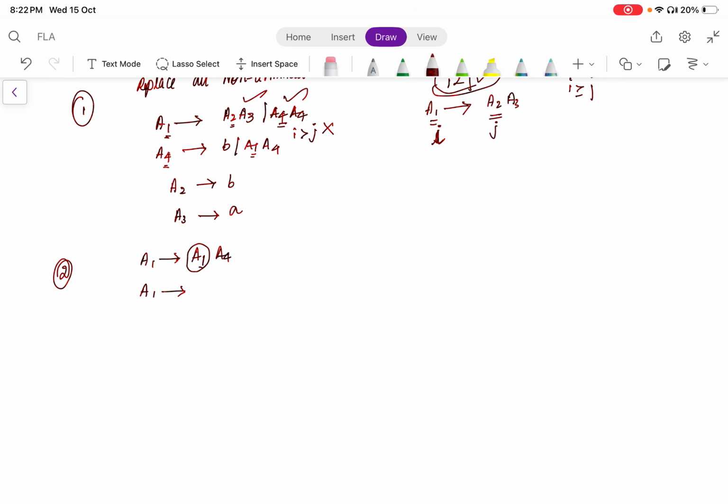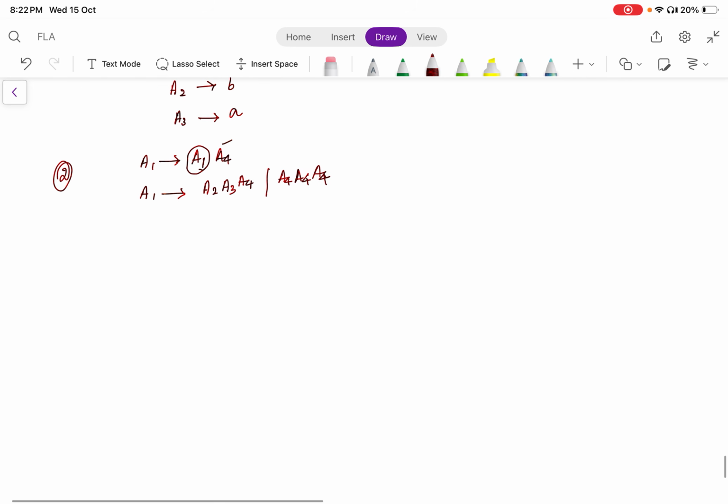First, substitute one production. In place of A1, I'm substituting A2 A3. This A4 is already there. What is the second production? A4 A4, and you already have an A4. Okay, this one has satisfied the condition, right? I is less than J, but this one has still not satisfied.